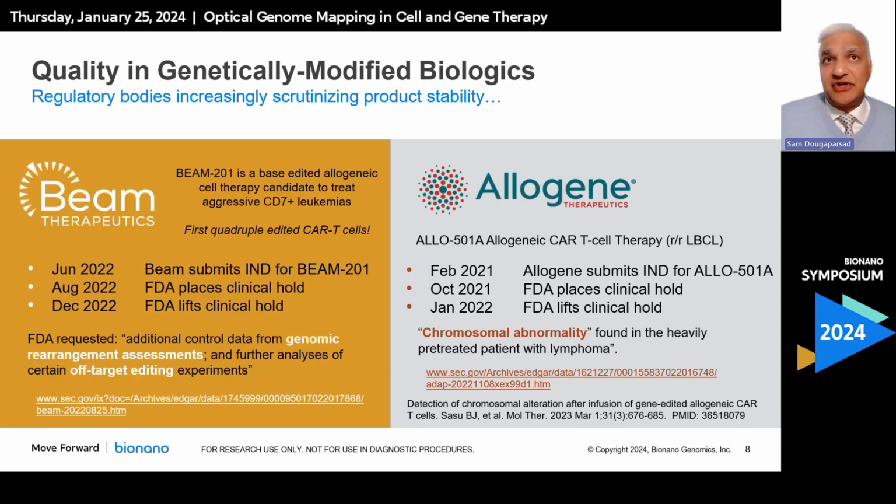These dramatic outcomes, of course, triggered the scrutiny of regulatory bodies. Here are two examples of biotechs put on hold by the FDA for a lack of rigorous product characterization before or after human delivery, or involving the detection of chromosome abnormalities, either during production, which is the case of Beam Therapeutics, or during treatment, which is the case for Allogene Therapeutics.